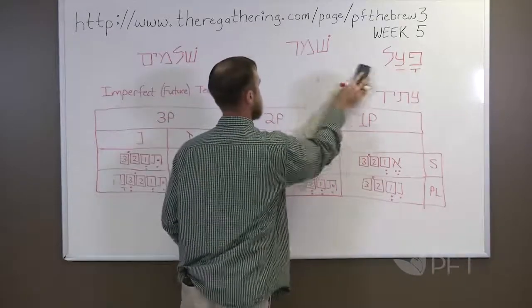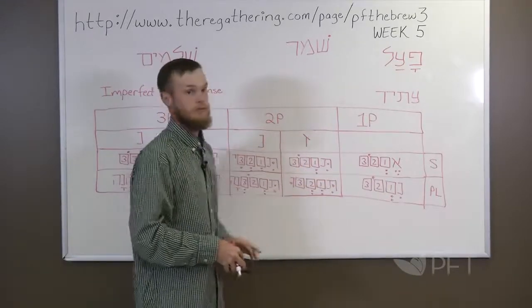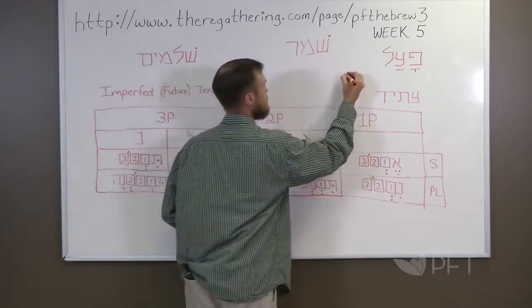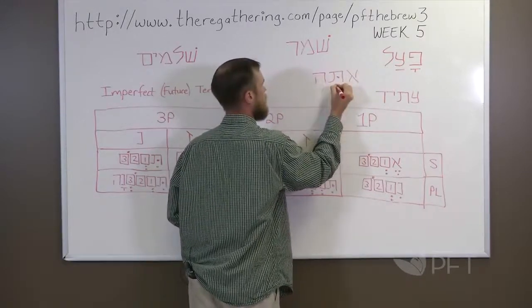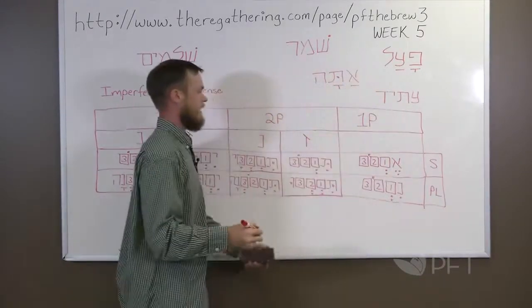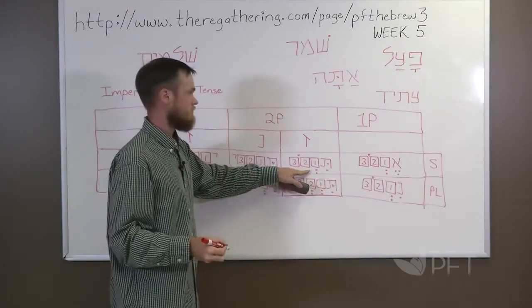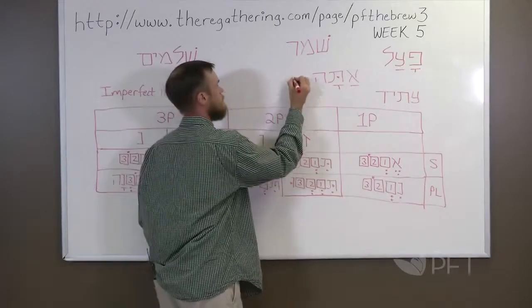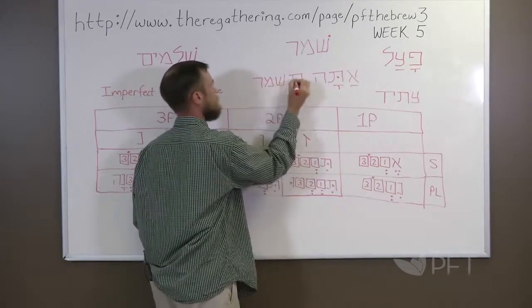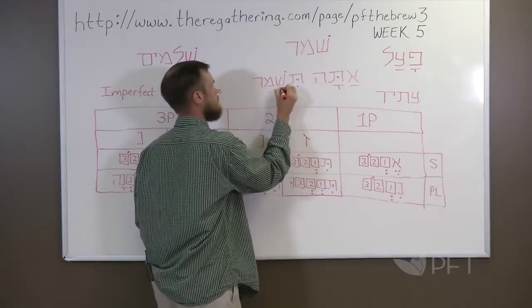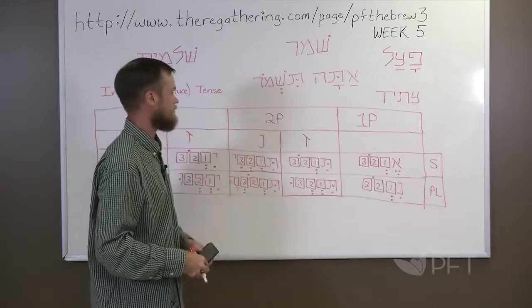Anachnu nishmor. Second person, masculine singular, so ata. Ata tishmor. Right? Ata tishmor.